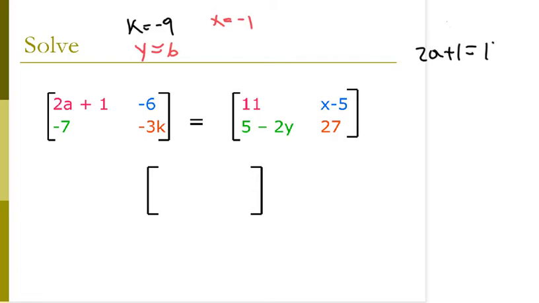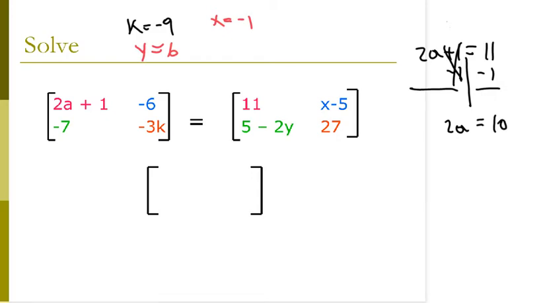We apply inverse operations. The inverse of adding 1 is subtracting 1. So our property of equality says that we're going to subtract 1 on the other side of our equation also. 1 take away 1 is 0, and 0 plus 2a is 2a. So we bring down our equal sign, and on the other side we're going to end up with 10.